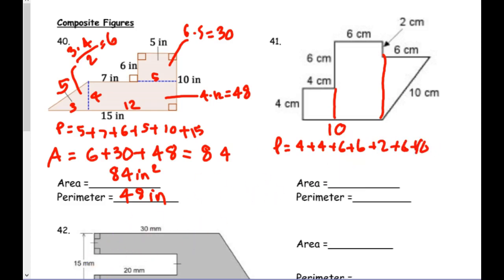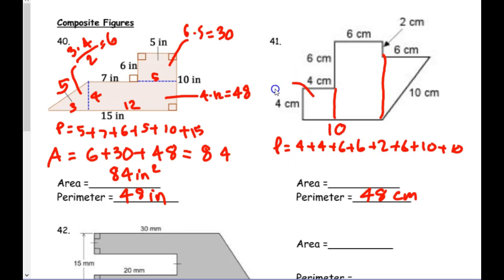Looks like garbage again. I love it. Plus 10. Alright, so 10, 20, 28, 38, 48. Perimeter is 48 centimeters.